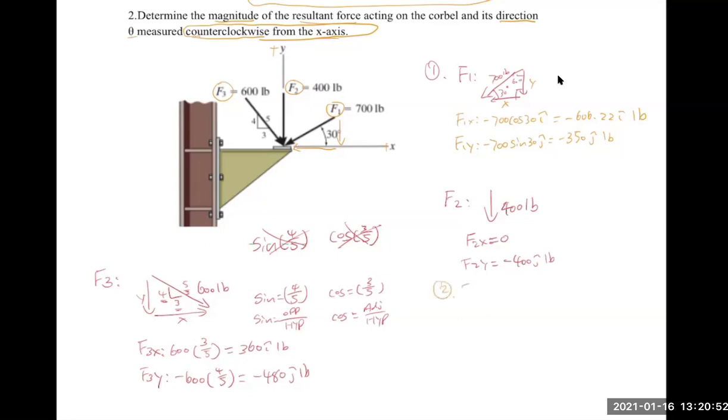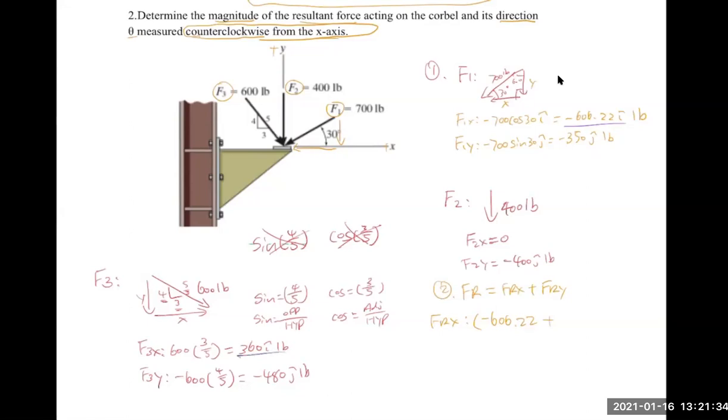Let's break down this resultant force Fr into Frx and Fry. So Frx is going to be equal to, we're going to add all of our x components. So the first x component is this negative 606.22, plus the F2, that's 0, so we don't have to write it.